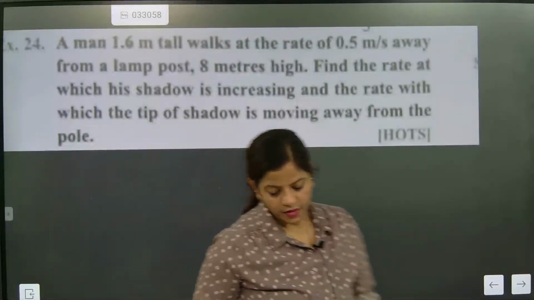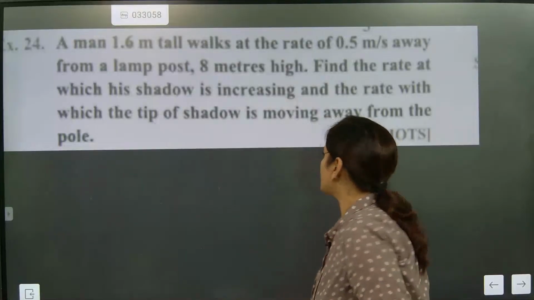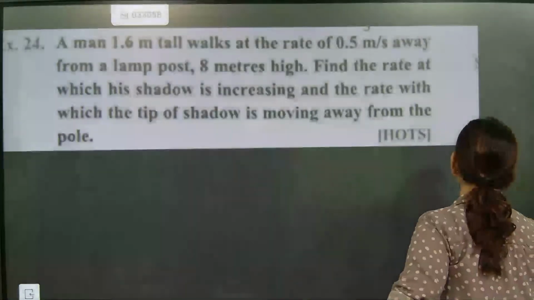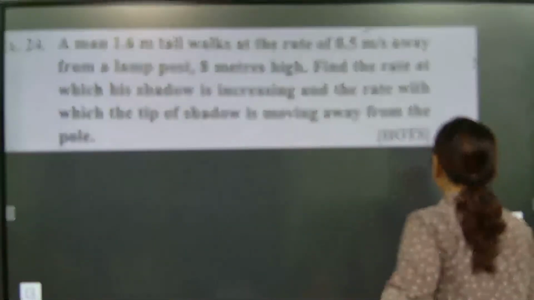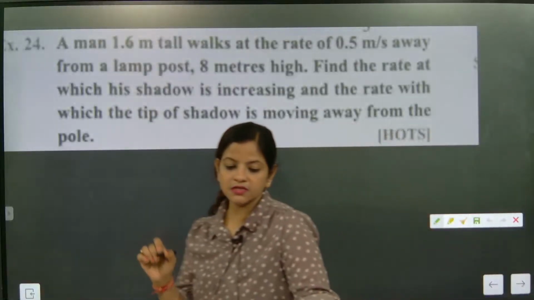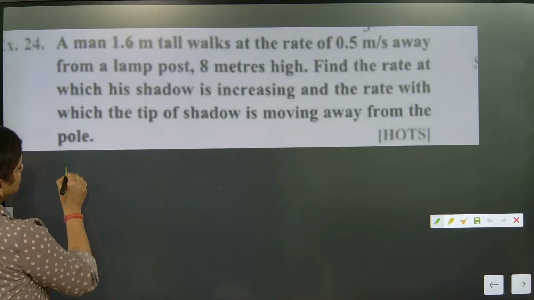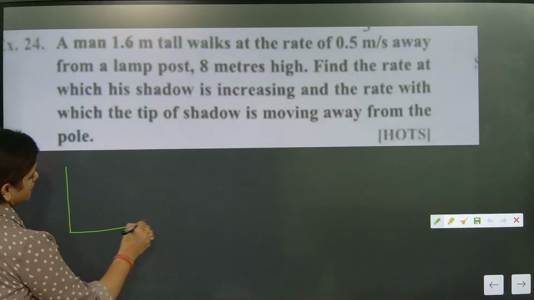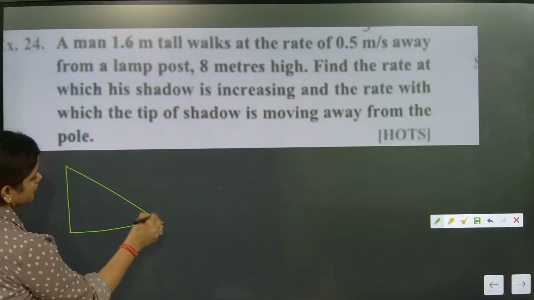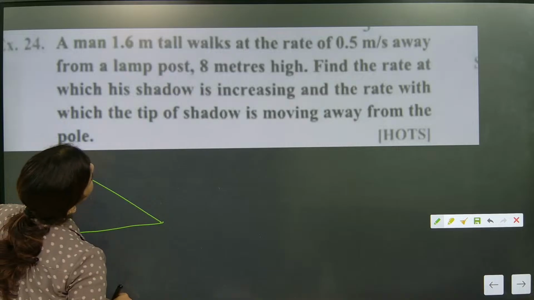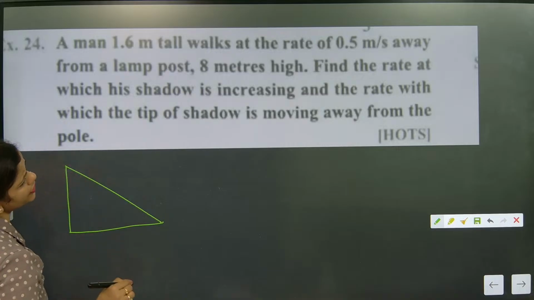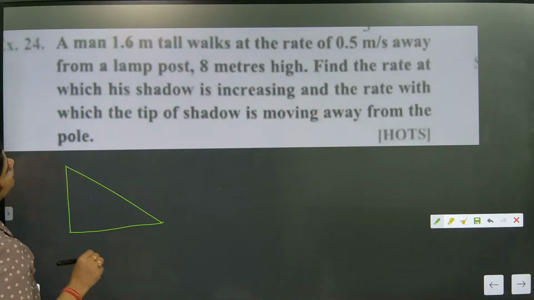Now look at a man 1.6 meter tall. We will solve the question. A man 1.6 meter tall, so 1.6 meter is the height of the man. A man 1.6 meter tall walks at a rate of 0.5 meter per second away from a lamp post.